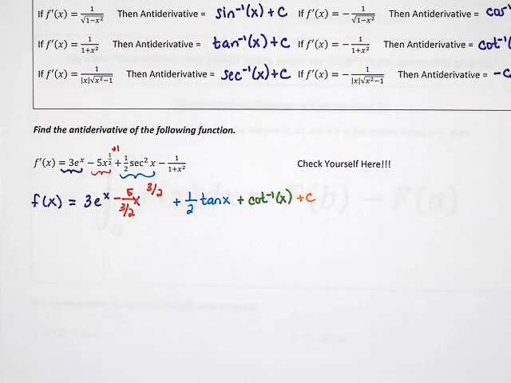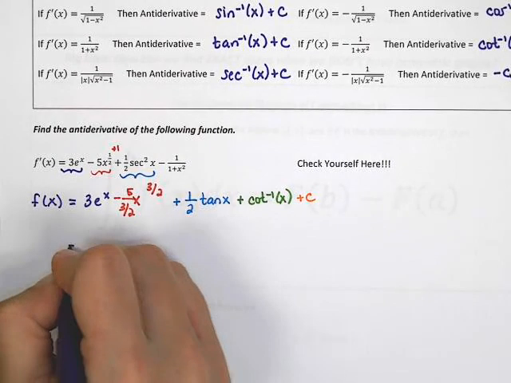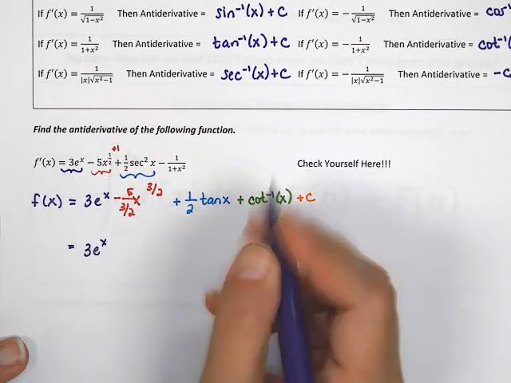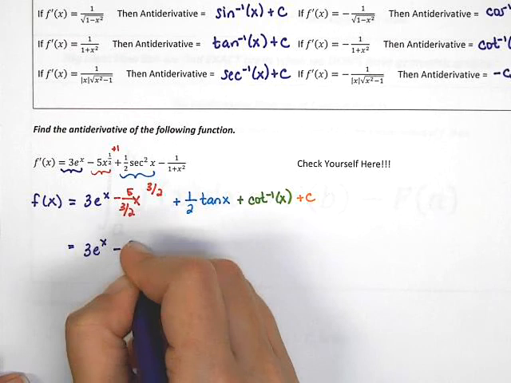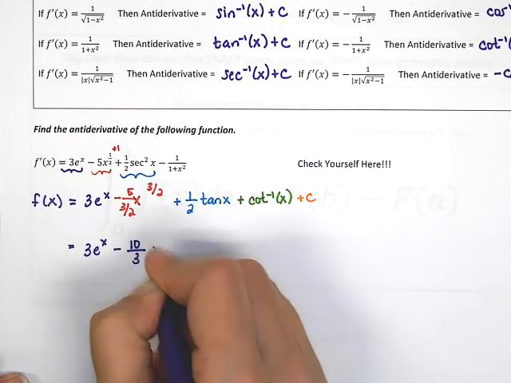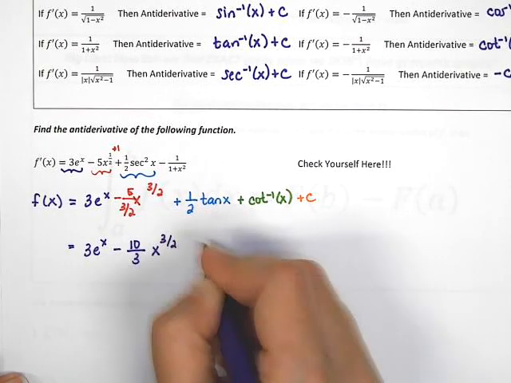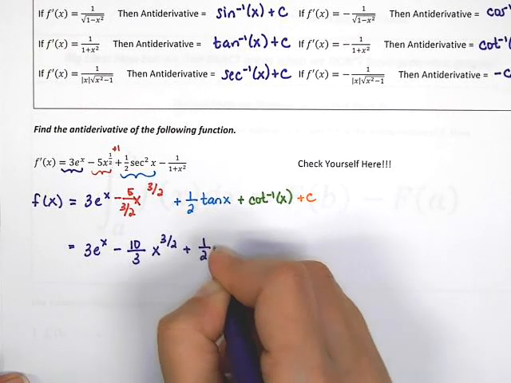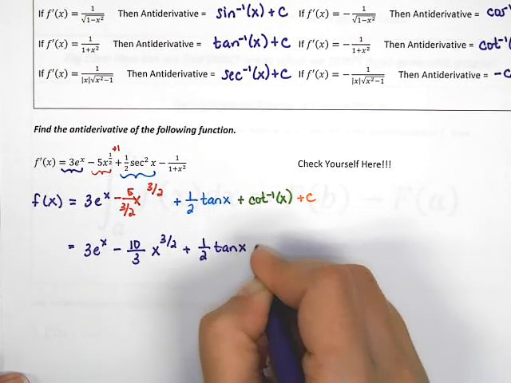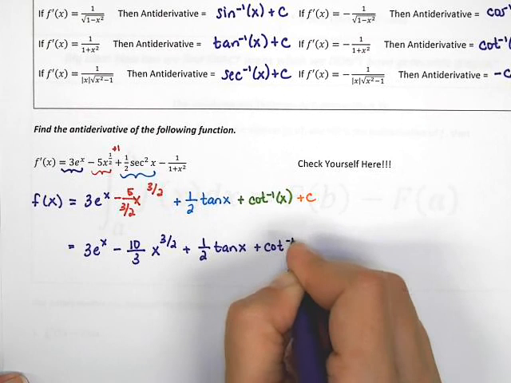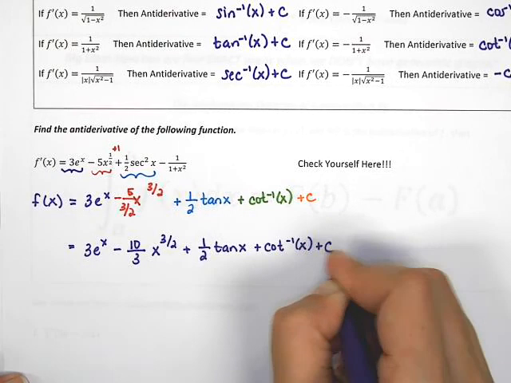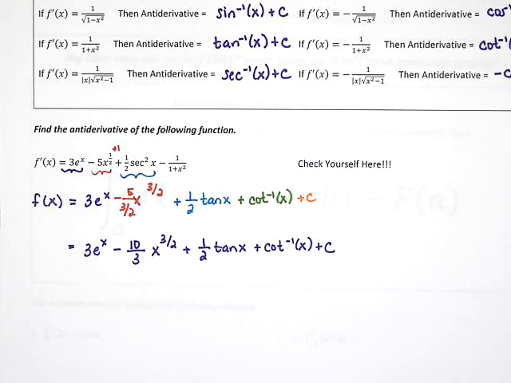Now what I'm going to do is simplify a little bit. So 3e to the x would just be 3e to the x. 5 divided by 3/2 is 10/3 x to the 3/2, plus 1/2 tangent of x, plus inverse cotangent of x, plus c. And then here's the best part.